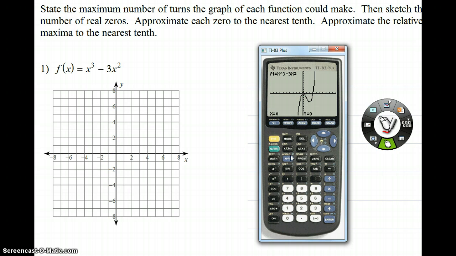So let's see, if I hit trace and I come down here to this low point, remember, it's not 1.9 or 2.1, but let's trace and hit a 1 and see if that gets us to our low point. No, but if I hit 2, a 2, negative 4 will be another point. So that's one way you can do it. You can trace and see exactly where these points are coming from.